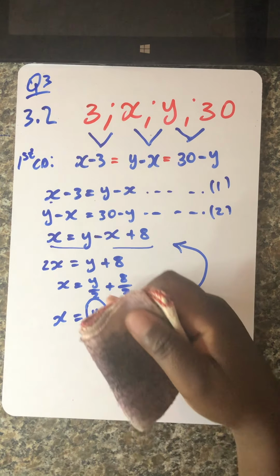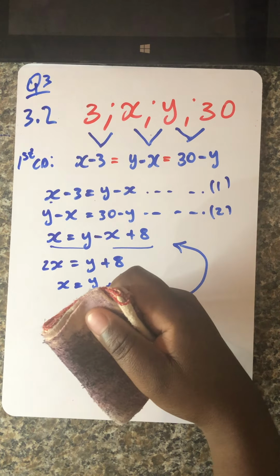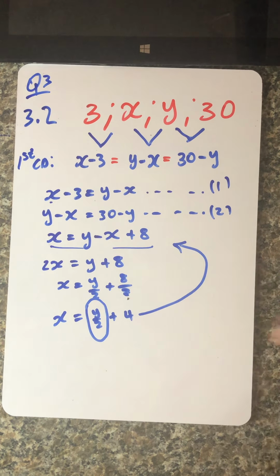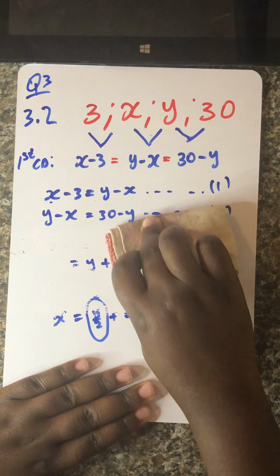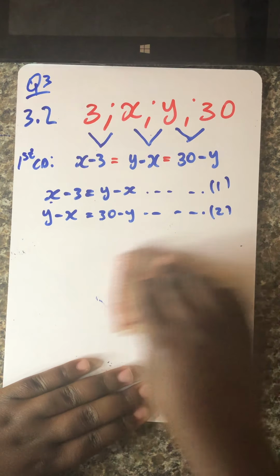I can still continue with x being y over 2 plus 4, and I will still get the right answer, but it will be a bit difficult if you don't like working with fractions. So that's why I'm going to remove all of this and now make y the subject of the formula.